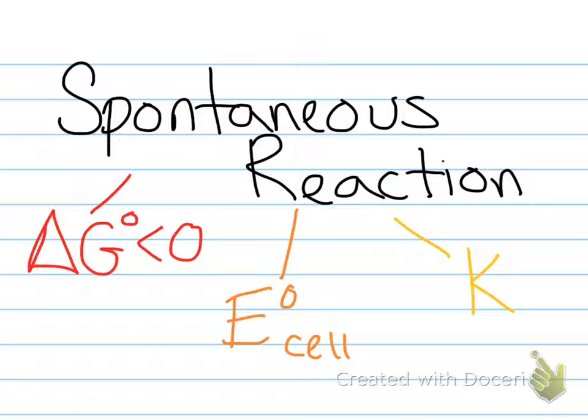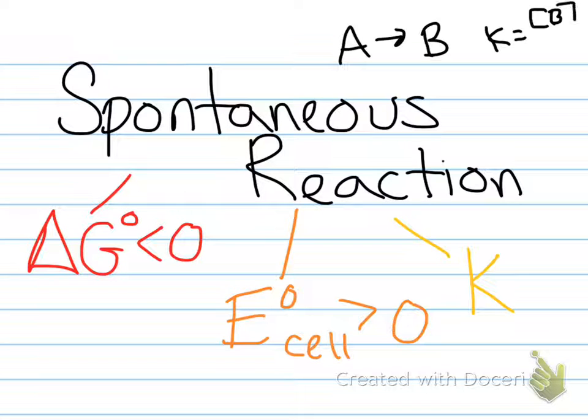Our cell potential, our voltage, is always positive, and our K, let's see, if we have a reaction A goes to B, so our reactants become our products, our K is equal to the concentration of B, or the pressure of B, over the concentration of A, assuming that both of these are aqueous.